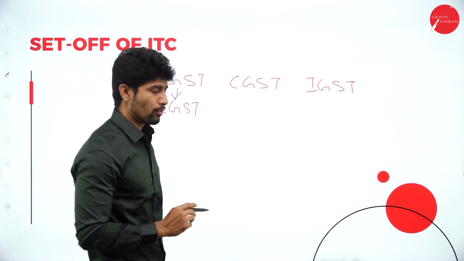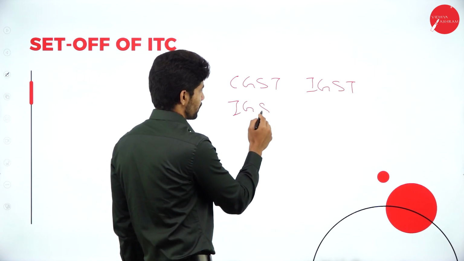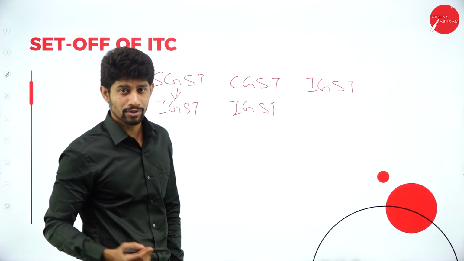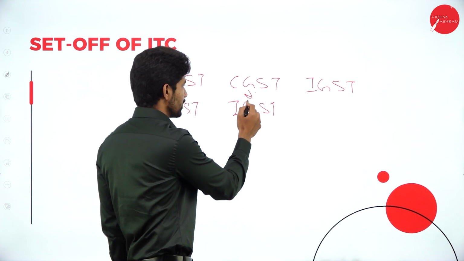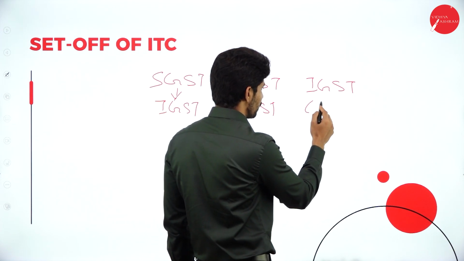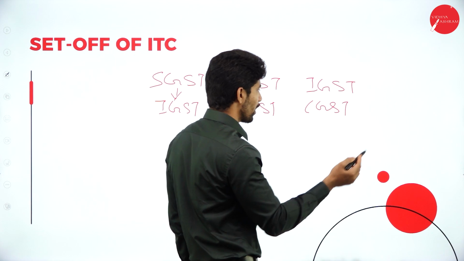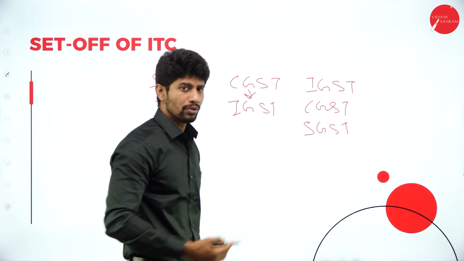If you have excess amount in CGST, you can set off the IGST amount. Next, IGST: you can set off first CGST, and if you still have excess amount, you can go with SGST. So this is how we are going to set off.